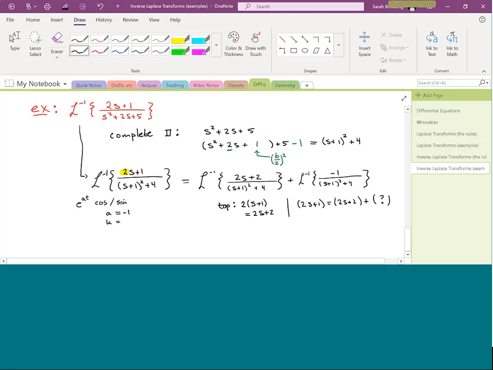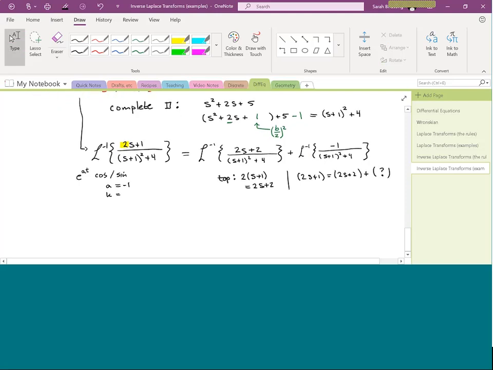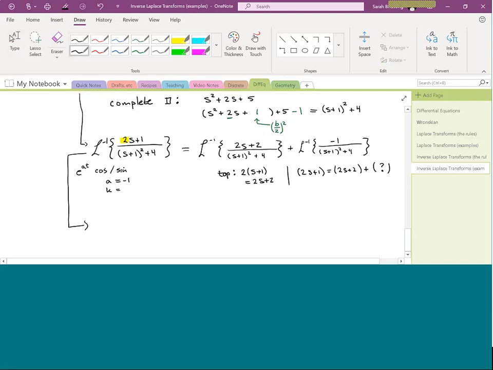So let's put this all together. What do we have? We can rewrite this thing past the scratch work. So this is now the inverse Laplace transform. I'm going to pull the 2 out front. So this is s plus 1 inside the top of that first fraction, s plus 1 squared plus 4 in the denominator. And then the second one, pulled the negative out front.